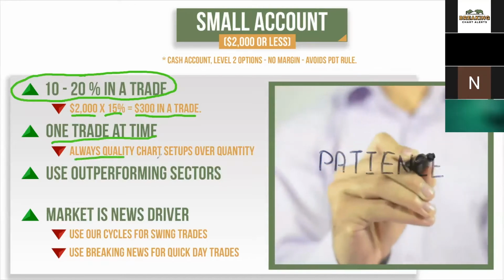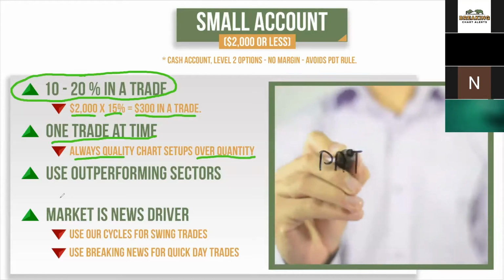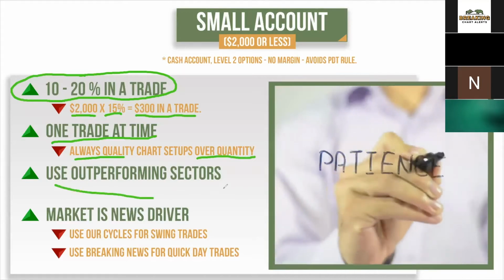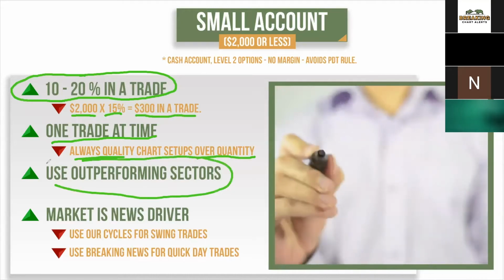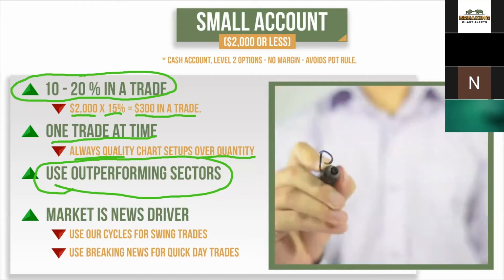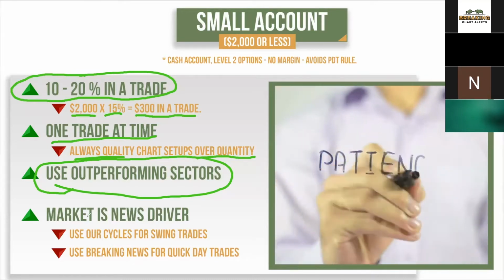Always quality over quantity. Okay, now what I want you to do is use outperforming sectors to find those good setups. The market is the news driver here. That's what's going to drive the markets up, down, and certain sectors, certain industries.